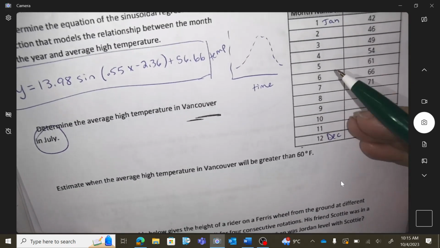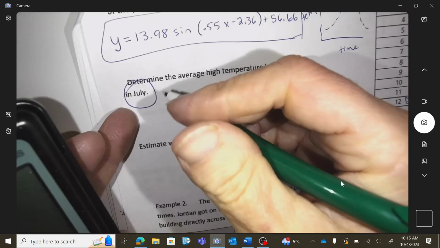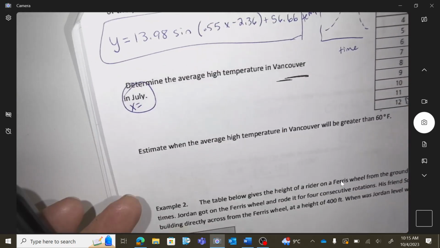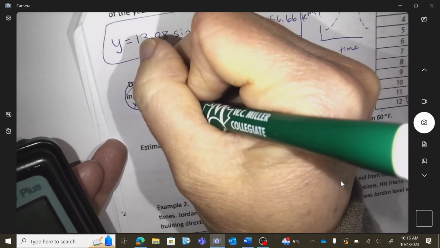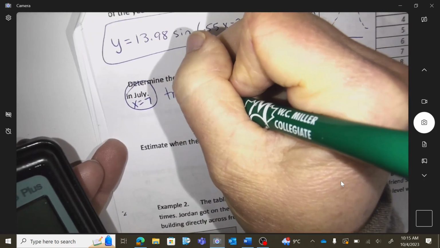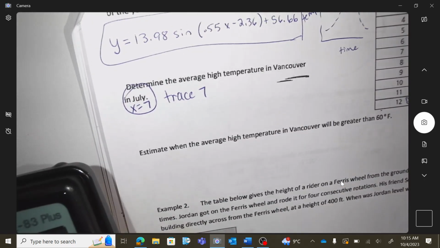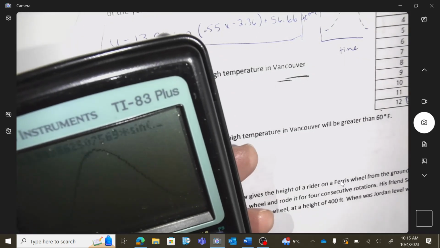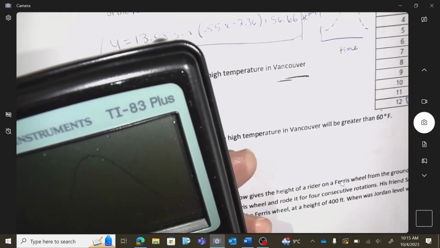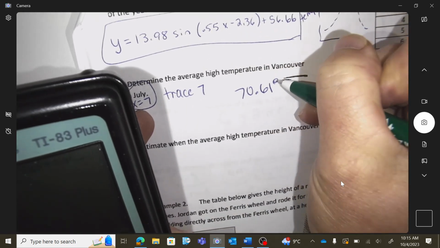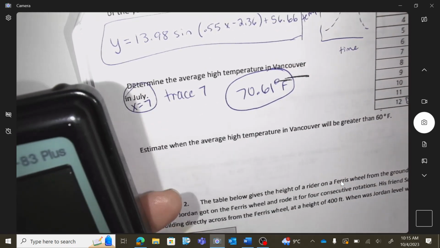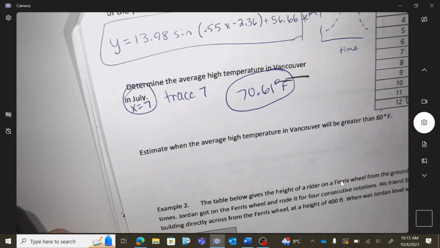It's our x's, and what is the x number when you're in July? 7. So I'm going to push trace 7. Trace 7. 70.61 degree Fahrenheit. Is that what your calculator does?